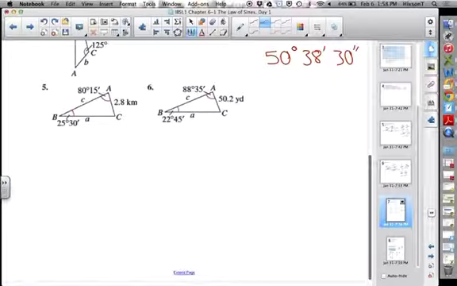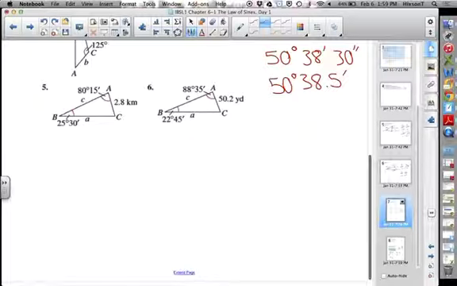So the way I would convert this so that I can actually do it in my calculator would be: 30 seconds out of a minute is how much of a minute? Half. A half. So I would have then 38.5 minutes with 50 degrees. Okay? You just put the 30 over 60, 30 out of 60.